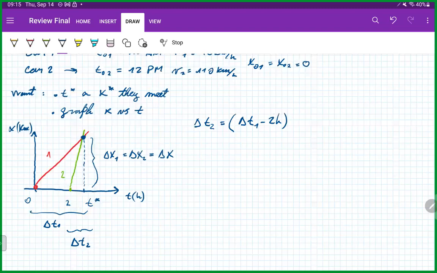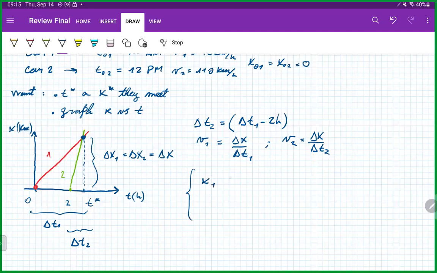If the velocities are constant, then v1 will be delta x divided by delta t1, and v2 is delta x divided by delta t2. We're just stating the average velocities, which are the same because the velocity is constant. So what we can do is write the equations of motion for these two mobiles.